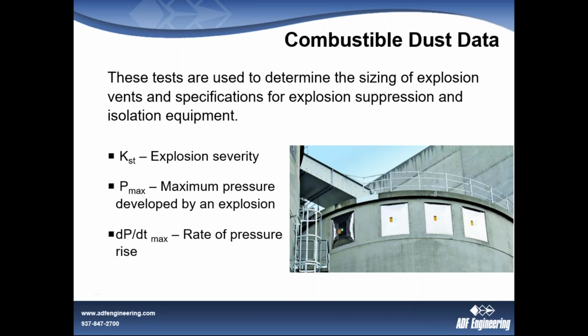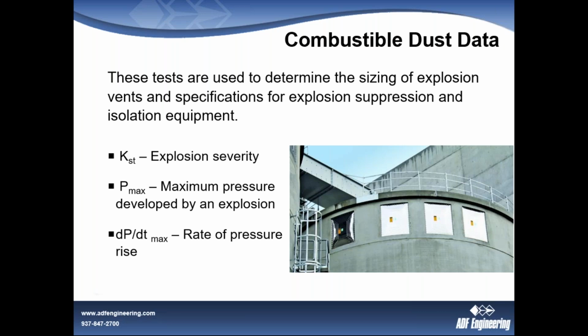That rate of pressure rise is also a bit of data that is useful, but it's mostly useful to those vendors who are out there designing equipment like explosion panels and the suppression and isolation bottles.